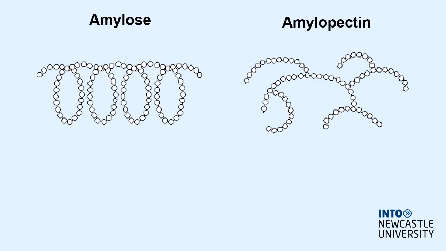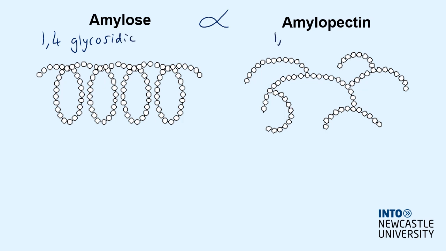If we look here, we can see another cartoon version of what this looks like. Again, remember they're both alpha glucose. Amylose is just the 1,4 glycosidic bonds, and you just become this helical structure.